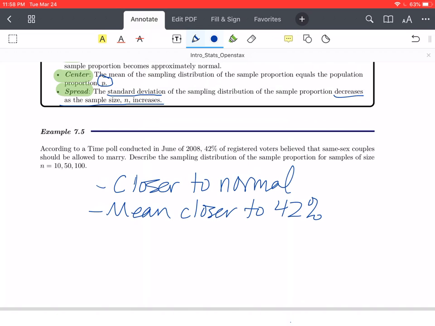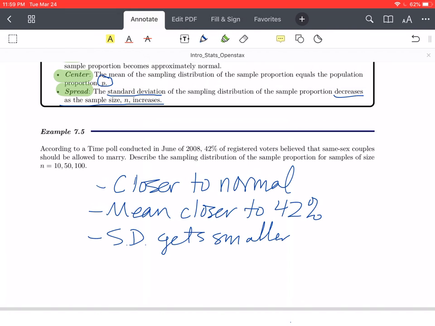Because again, we assume the mean value is the same as the population proportion. And the standard deviation gets smaller. So we expect the standard deviation to shrink as the sample size gets larger, as we just said.